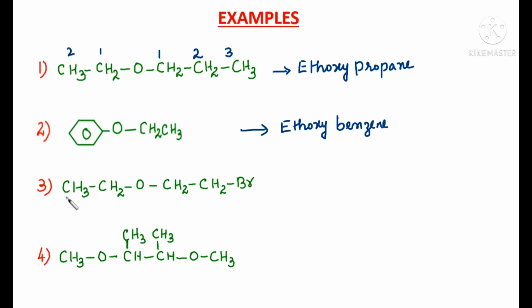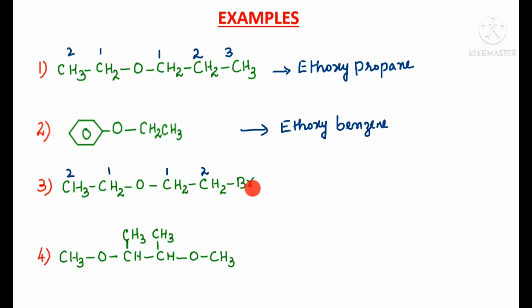Next compound, students: CH3 CH2 ethyl group, oxygen, CH2 CH2. Here also two carbon atoms, but along with this you are having a substituent, that is a halogen. Bromine is there. So we shall number the compound first. How to number? 1, 2. Here also we should number 1, 2. So we should give importance to this bromine also.